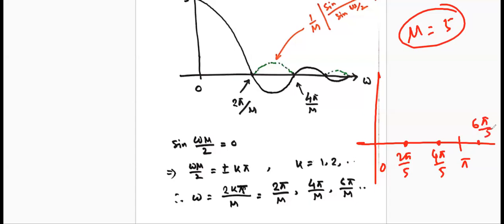So we need to neglect this. We are not going to that. Eventually we are getting the diagram like this and like this, and you need to finish it over. So always we need to move omega from 0 to pi. That is our range of view, and that is how we can find the magnitude response.